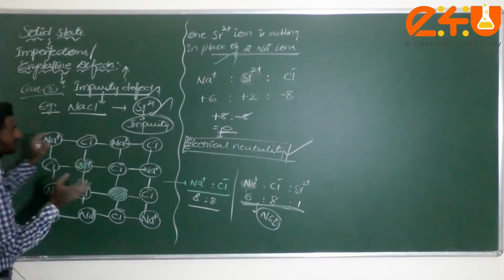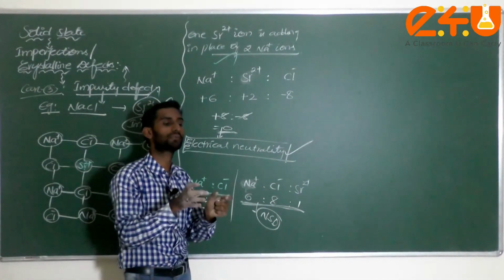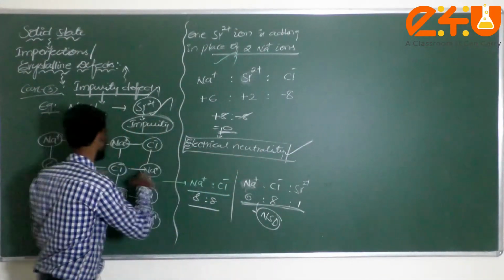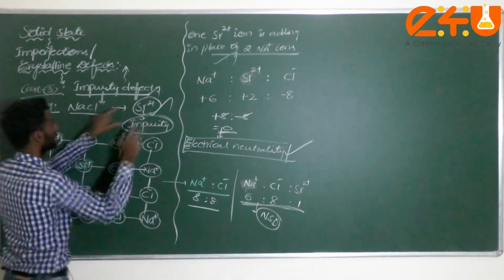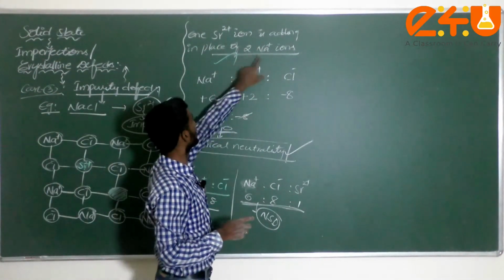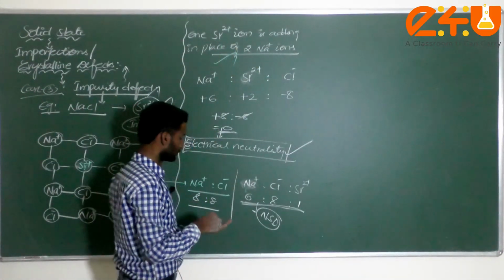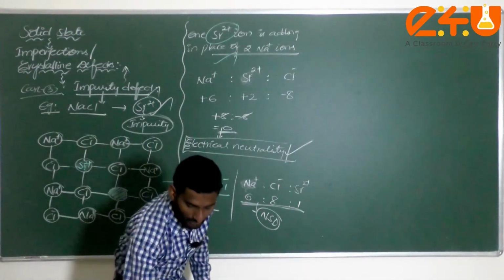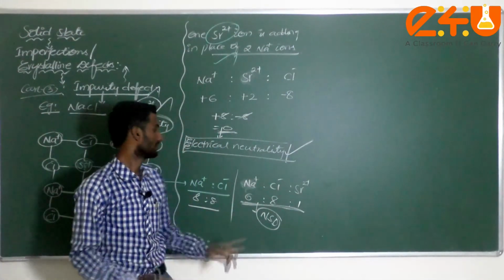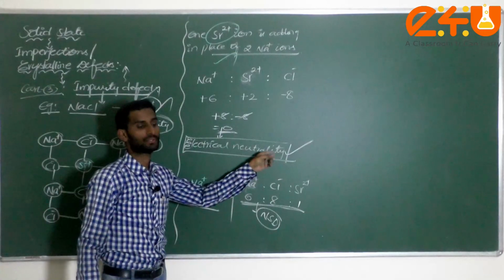Next, impurity defect: we introduce impurities from outside into the crystalline substance. In place of 2 Na+ ions, I added 1 Sr2+, and this is called an impurity defect. Whatever defect you take, finally we have to maintain electrical neutrality.